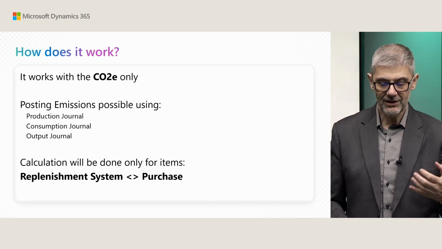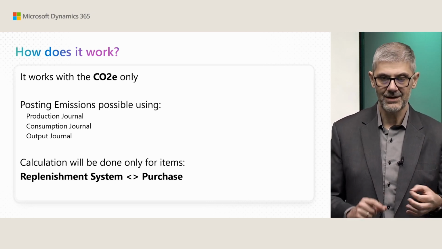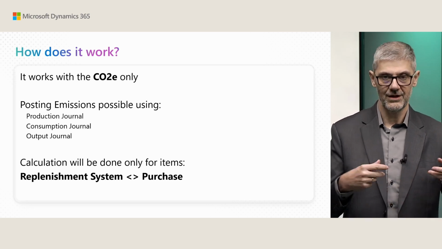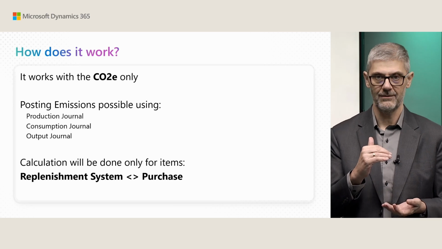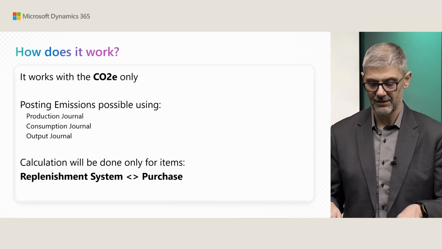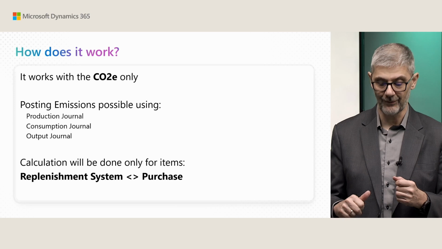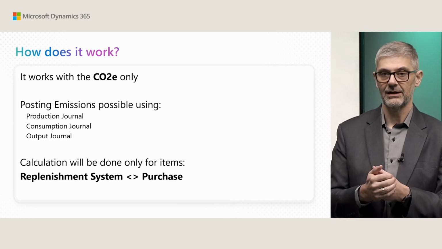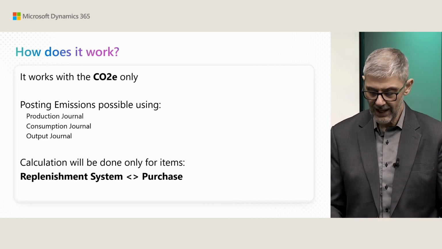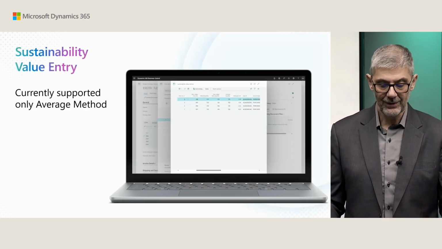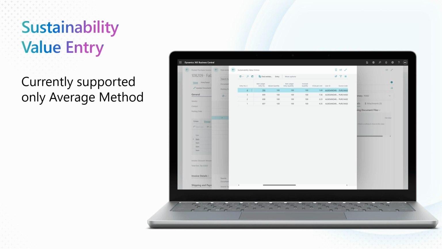Again, one more thing important to remember: the calculation will be done only for items where the replenishment system is not purchase. If this is a purchase, you will get this information from your purchase invoice. But if this is a production order or an assembly order, the system will calculate from your production and assembly documents. At the end, you will get a sustainability value entry related, in this case, to production documents.